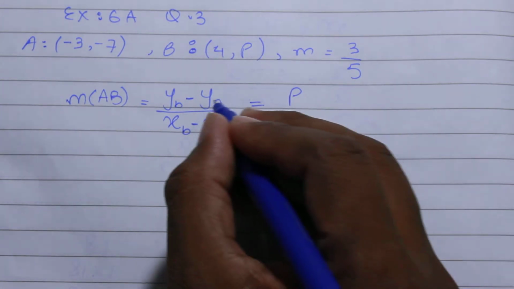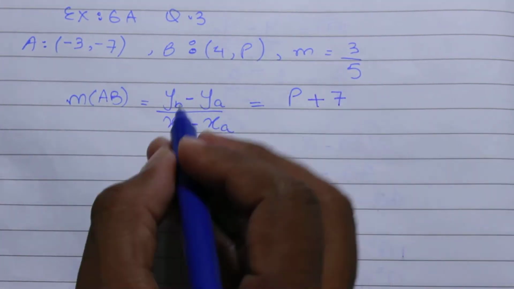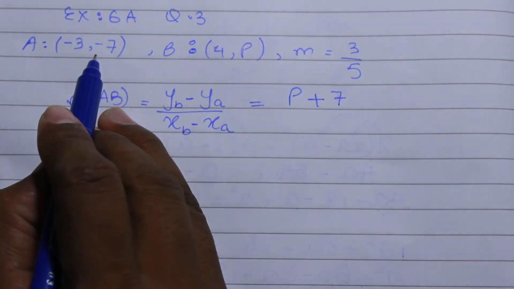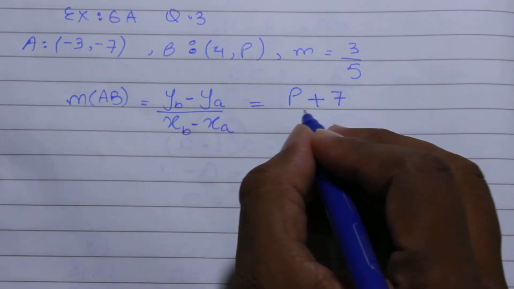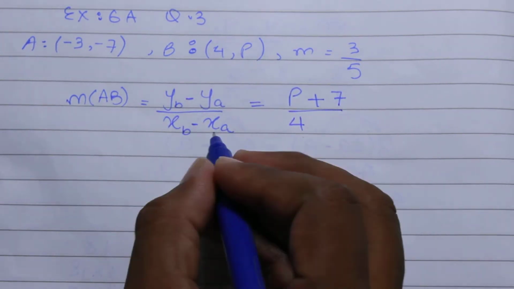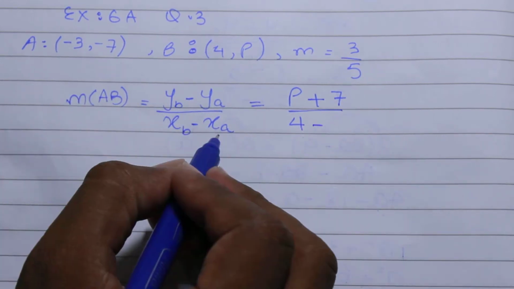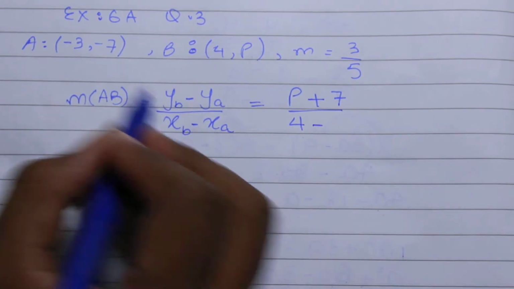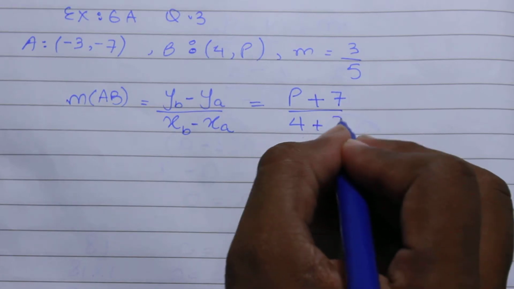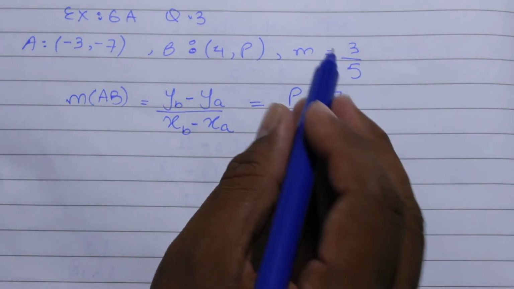Then I have YA, which is -7, so it becomes positive because minus of the formula and minus of the given sign becomes positive. In the denominator I have XB, which is 4, and minus of the formula and x coordinate of A, which is -3, so it becomes +3. And instead of gradient I will write the given value 3 upon 5.